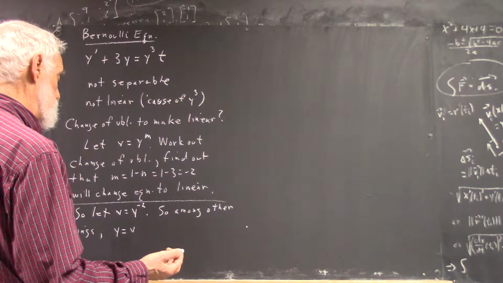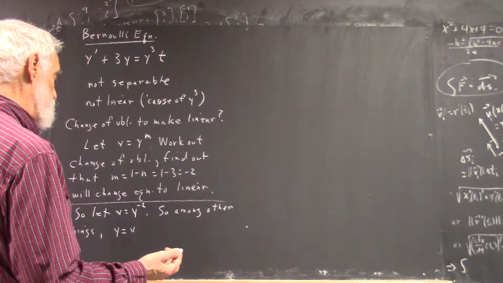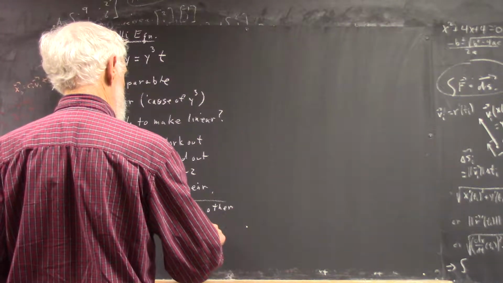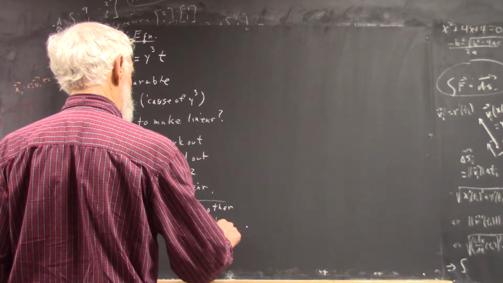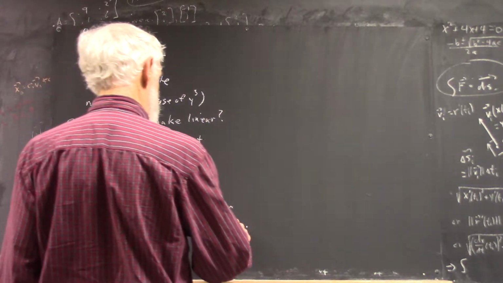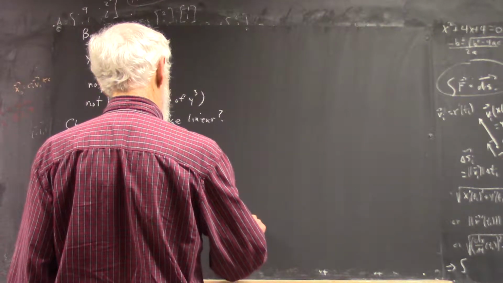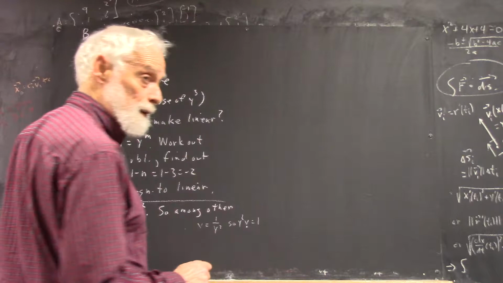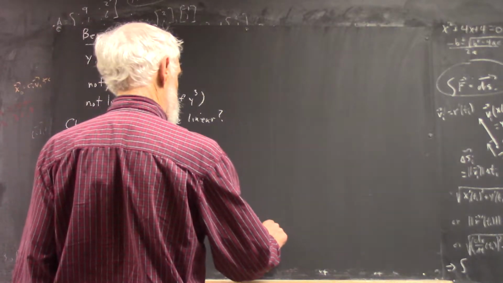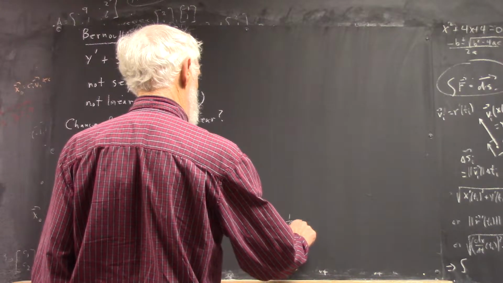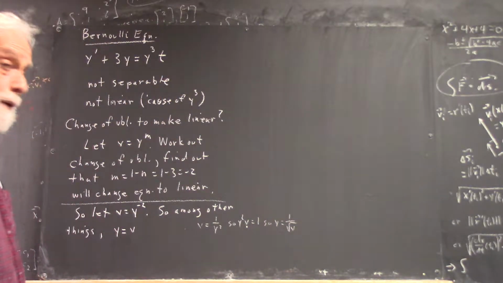Square root of... Okay, well, let's see. v equals 1 over y squared, right? So y squared v equals 1, so that'd be 1 over the square root of v, right?